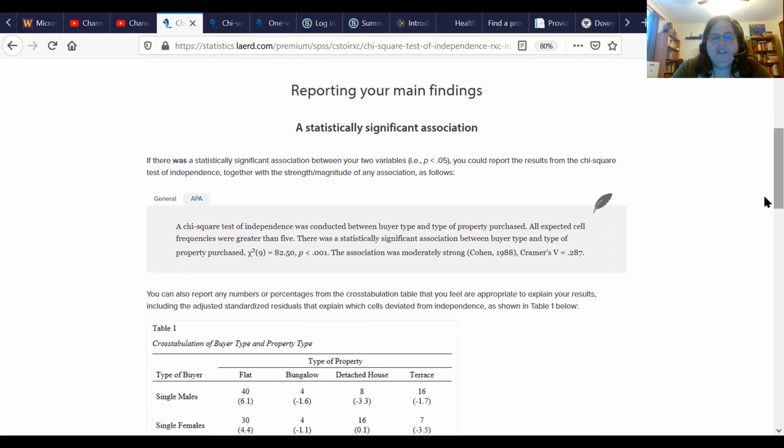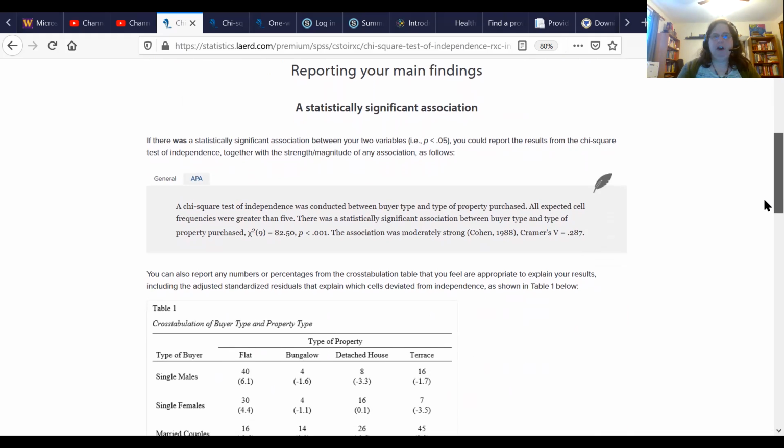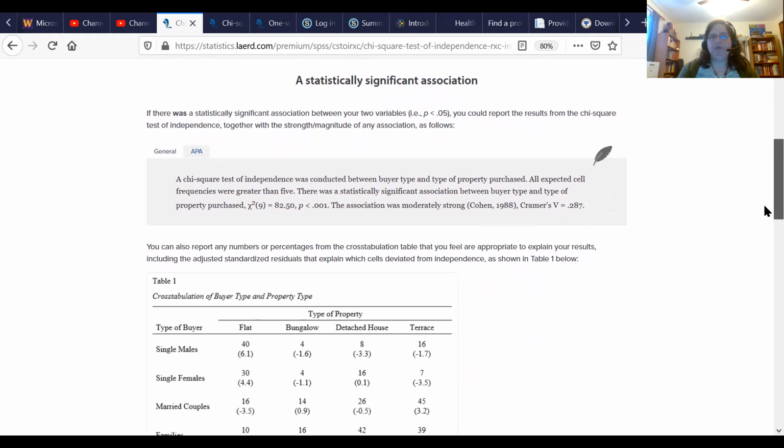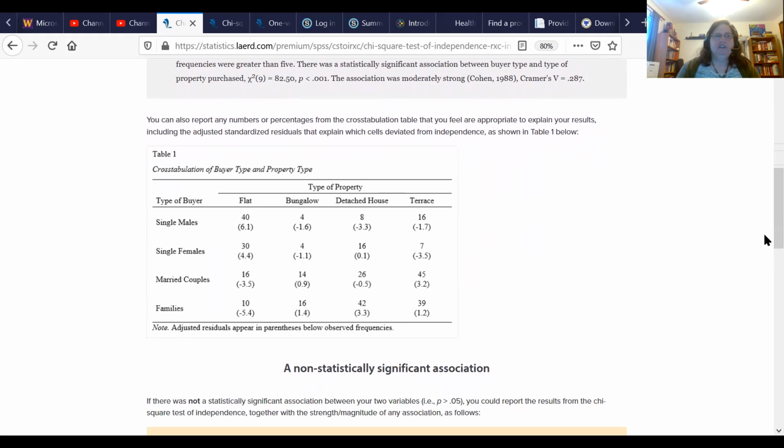There was a statistically significant association between buyer type and type of property purchased. Here we have our chi-square of 9 equals 82.50, p less than 0.001. The association was moderately strong, according to Cohen, with a Cramer's V of 0.287. And then I would put my table here.